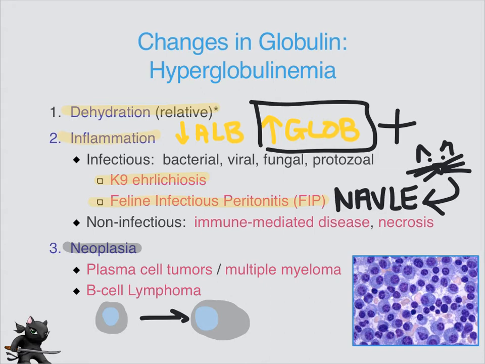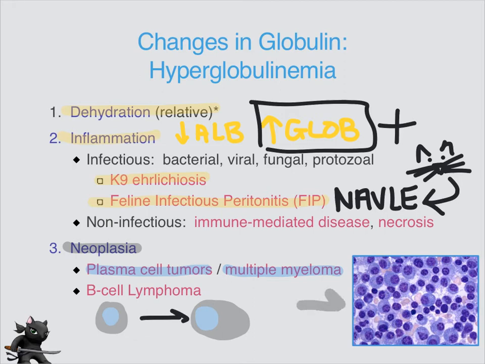So we've got this whole line of diseases here. B-cell lymphomas will do it. And then plasma cell tumors. The big one we talk about is multiple myeloma. The other one, and don't forget plasma cell tumors, which is the less severe form of plasma cell-based neoplasms. This picture over here is one of my favorites.